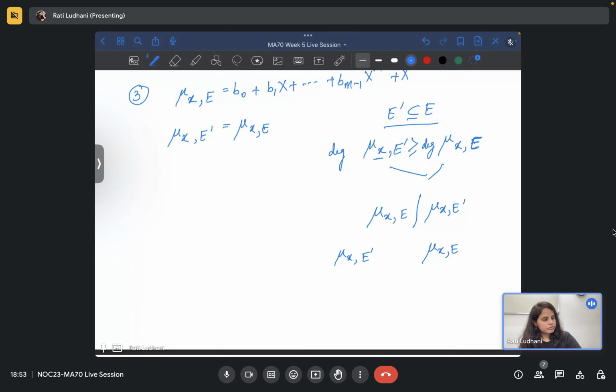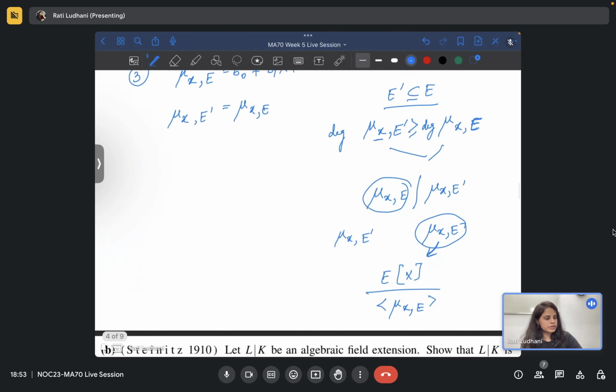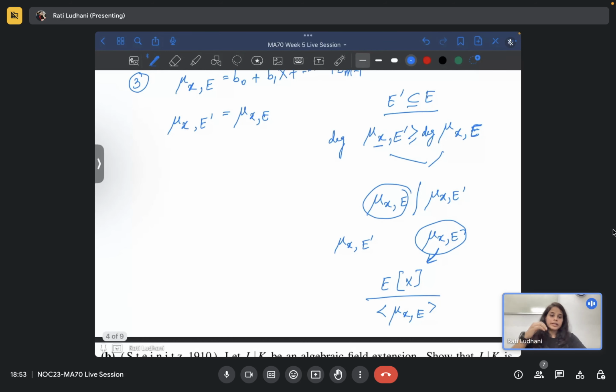In the case of mu(x, E), the kernel is generated by mu(x, E), and that is the least degree polynomial in E[x] which is satisfied by this x, like x is a zero of that polynomial.